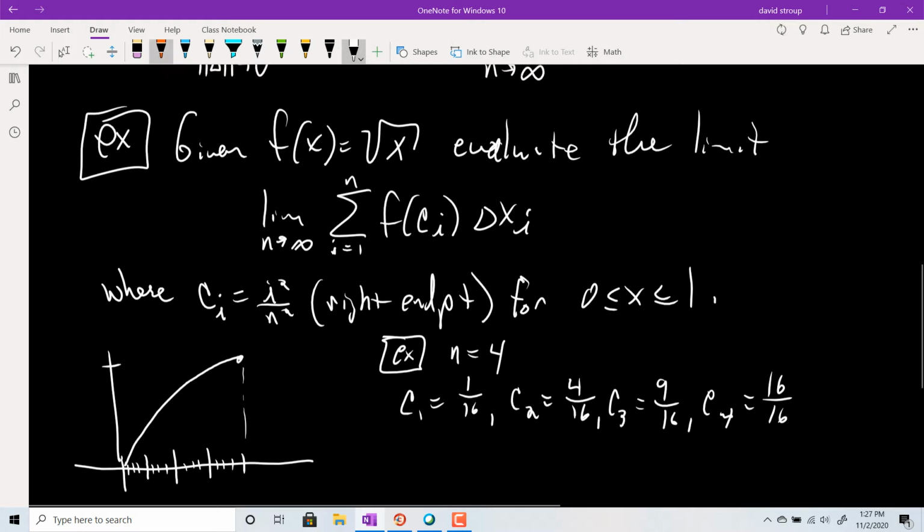Okay, so the first rectangle that we're figuring out the area for is at 1/16. So it's right there, really small. Then 4/16 is right here. And then 9/16 is right here. So you see, long story short, the widths of the rectangles are not all the same now. And then 16/16, there's our last rectangle.